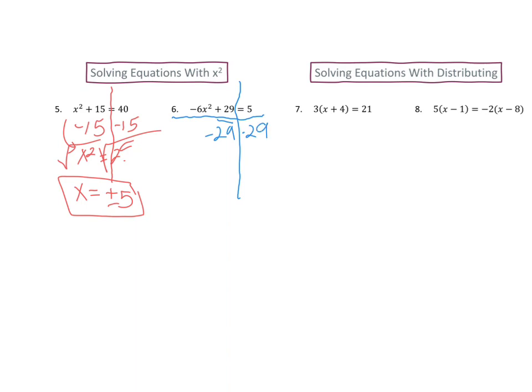And I bring this down, so I have negative 6x squared equals 5 minus 29 is negative 24. Now, before I do any square rooting, I got to make sure I get rid of this number in front, which is negative 6. So I divide both sides by negative 6. That gives me x squared equals negative 24 divided by negative 6 is positive 4.